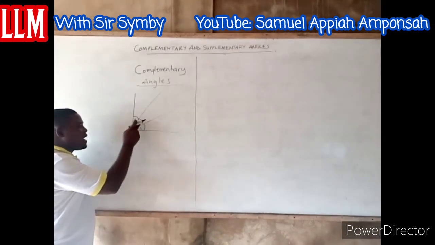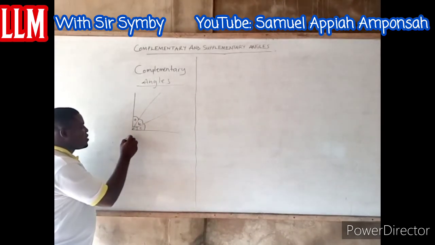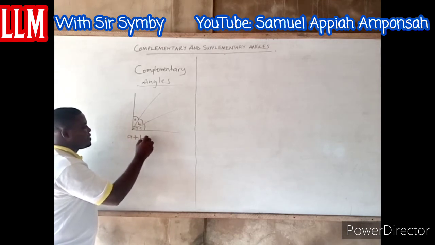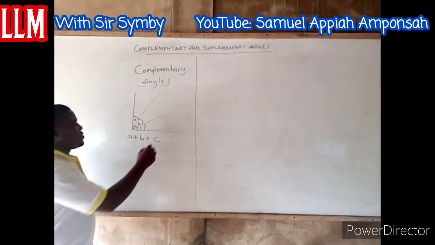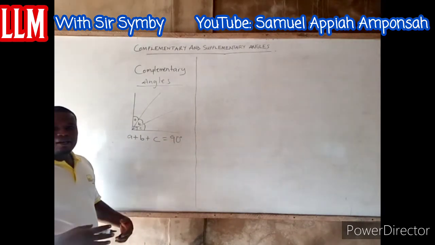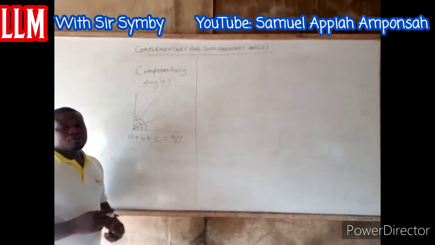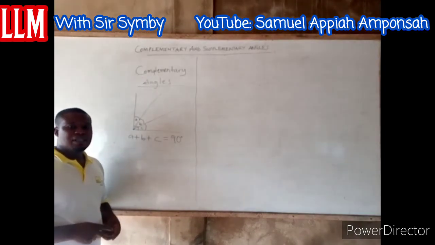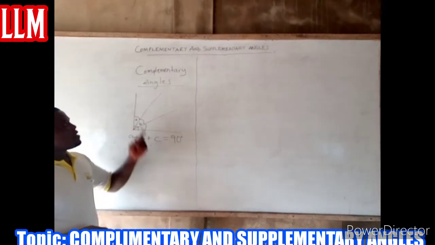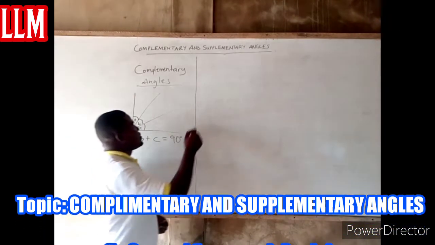Why? Because if you add all the three angles, you are going to get 90 degrees. So when two or more angles add up to 90 degrees, then we say that those angles are complementary angles. What about supplementary angles?